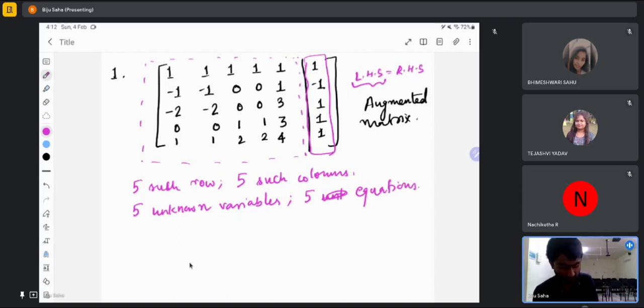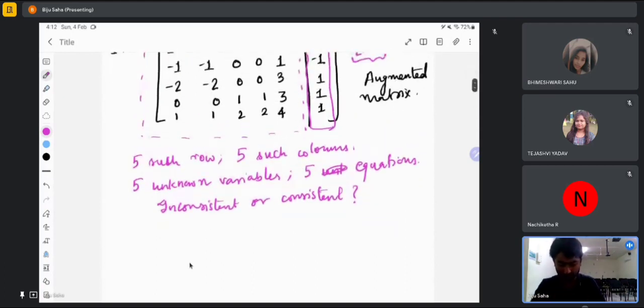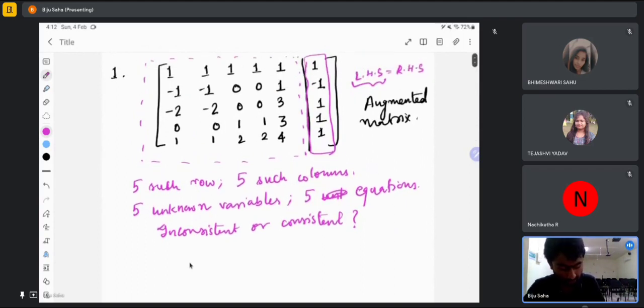Now we have to find out whether the given system of equations represented in the matrix form is inconsistent or consistent. This is our task in this exercise. The way to go about this is to reduce this augmented matrix into a row reduced form.